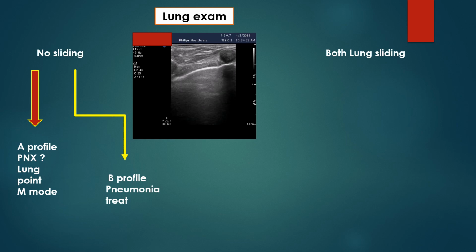So if you have A profile, lung point, M mode matching with pneumothorax, this is pneumothorax. If you see B profile with signs of consolidation, this is matching with COVID pneumonia, and you have to treat that. If the lung is sliding and then you see A profile, the lung is dry, you can give IV fluid without fear that you make a wet lung.